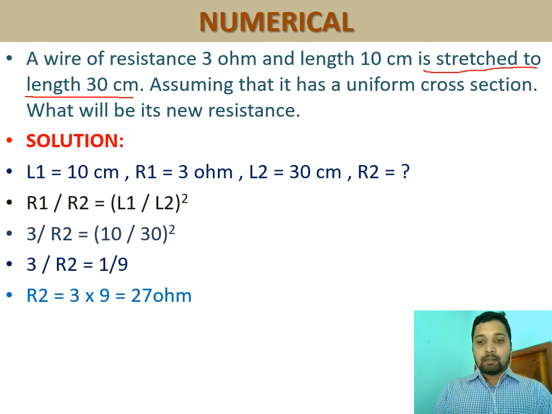Here L2 is 30, L1 is 10, meaning 10 increased by 3 times becomes 30. So we have to read the question carefully and solve the numerical problem accordingly.